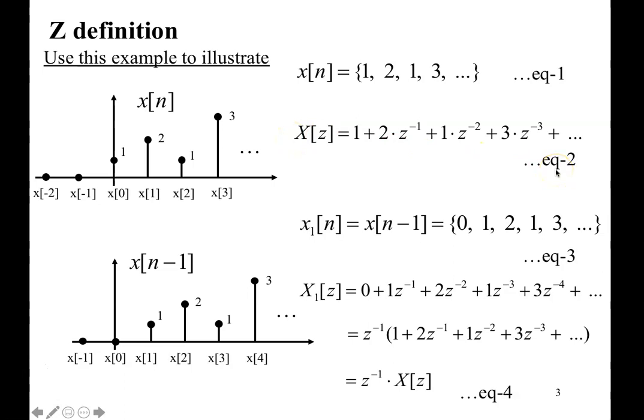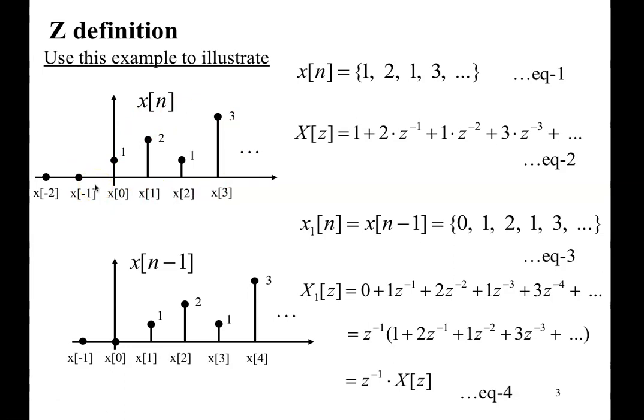Next, I'm going to shift this x(n) towards the right-hand side by 1 interval. So I move everything towards the right by 1 interval: this 1 is moved to here, this 2 is moved to there, this 1 is moved to there, and this 0 is moved to there. So I get 0, 1, 2, 1, 3, because I've shifted the whole thing to the right by 1 interval.